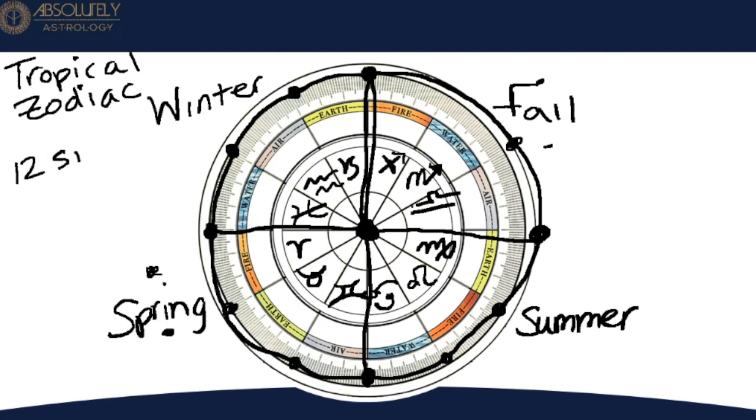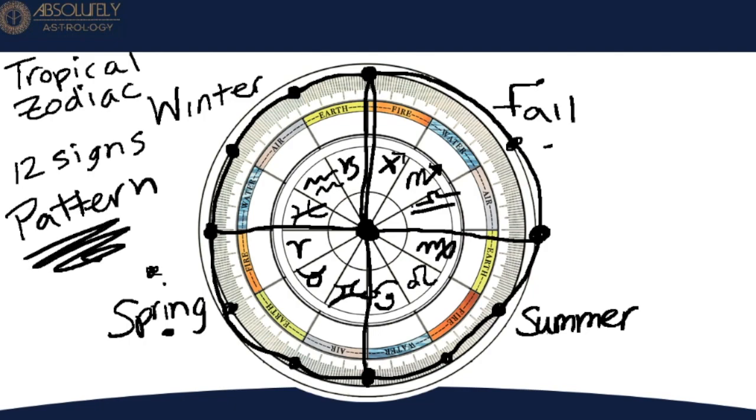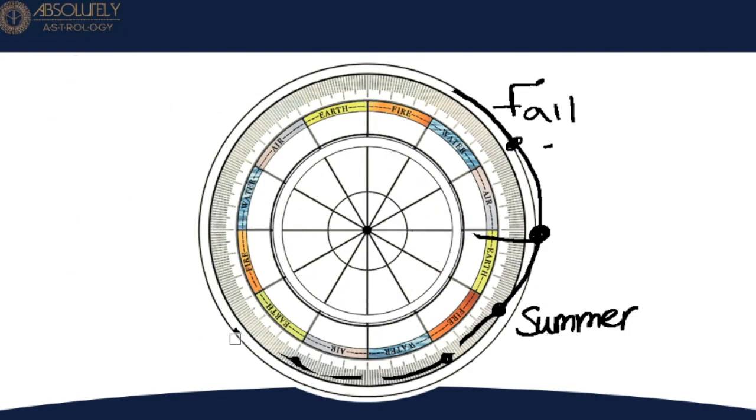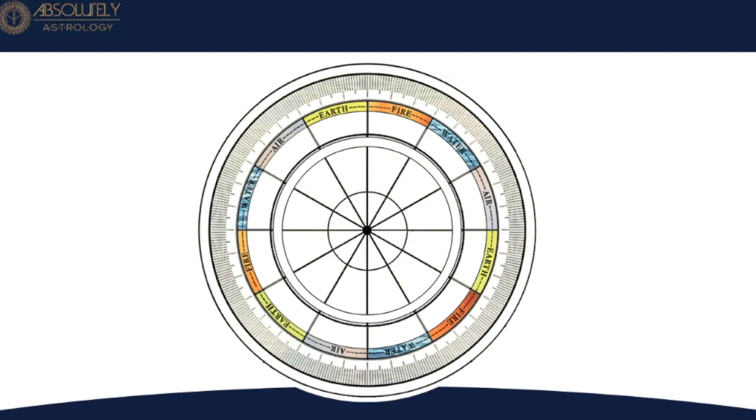So you're getting to see how the Zodiac is created. There are 12 signs. And when you break it down a little bit further, I want to show you the really cool pattern that is in the signs and how the signs are actually just a formula for the pattern. So we're going to dive in. I'm going to show you that to finish up this lesson. Okay, so there is this pattern in the zodiac and what makes up the signs.